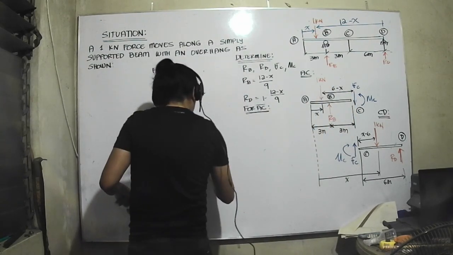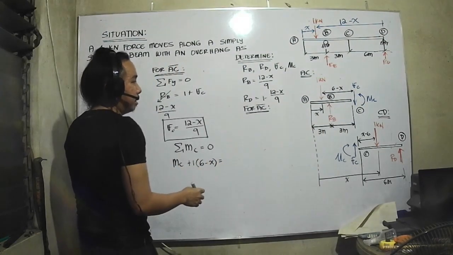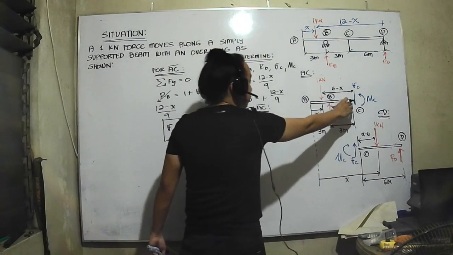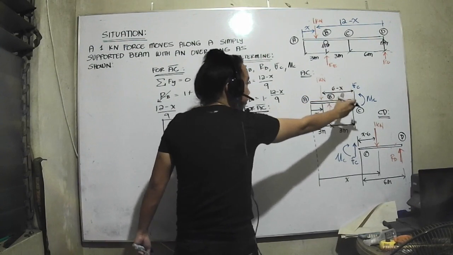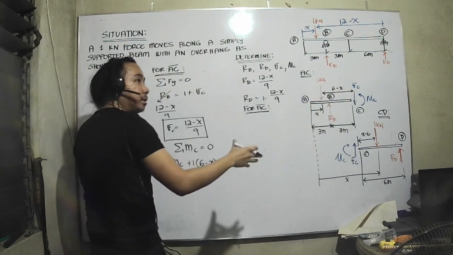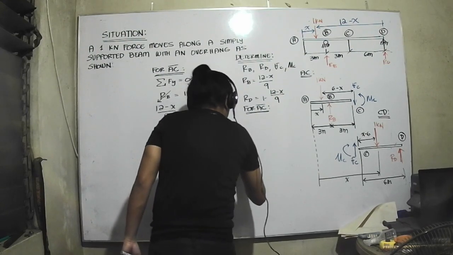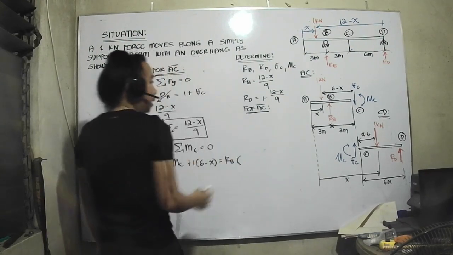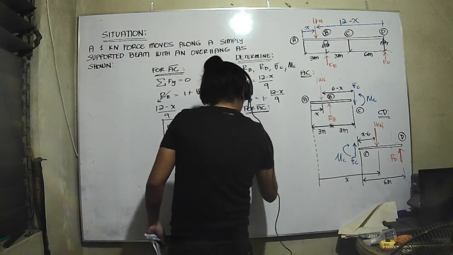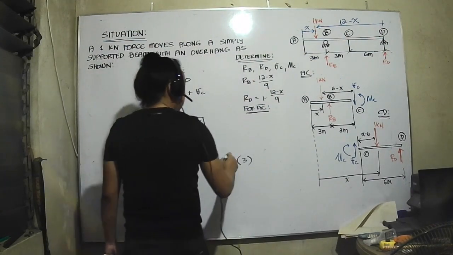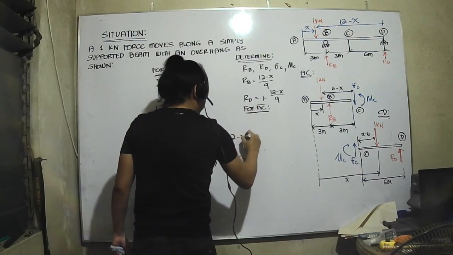That should be equated to the counter rotation of B, which is clockwise. MC and 1 kN are counterclockwise moments. RB is clockwise. So RB stands alone, multiplied by 3. But we know that RB is equal to 12 minus x over 9.